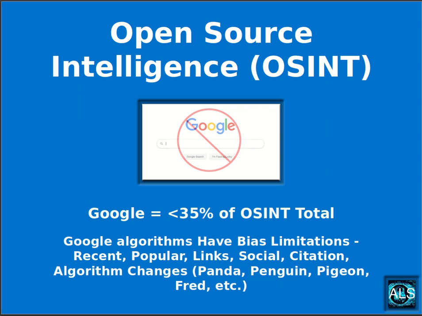Google is going to represent, I would say, probably 30% of your OSINT. The official number that I use is less than 35%. Keep in mind that Google has algorithms, and these algorithms have built-in biases.